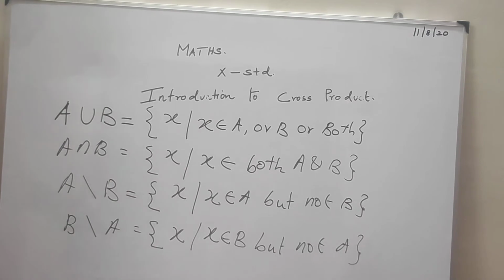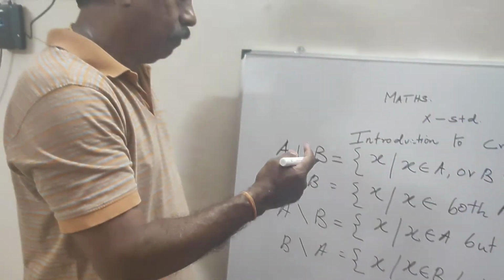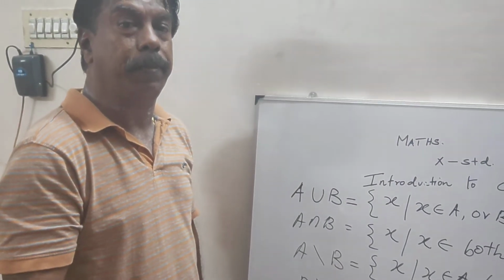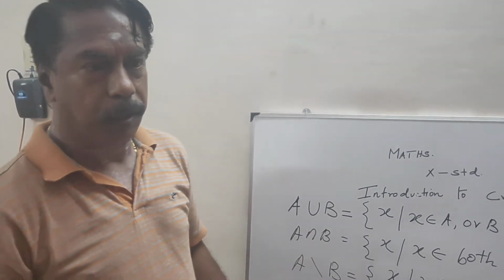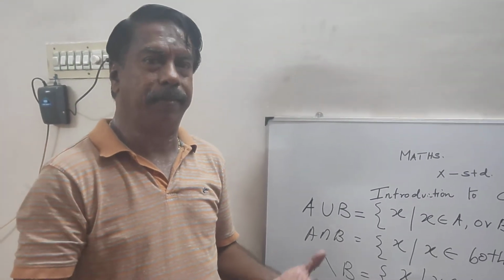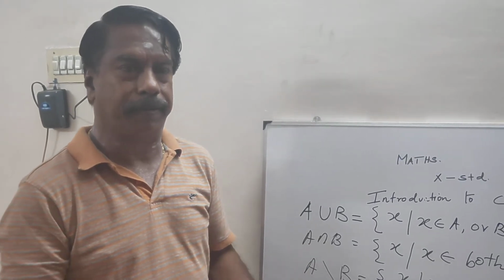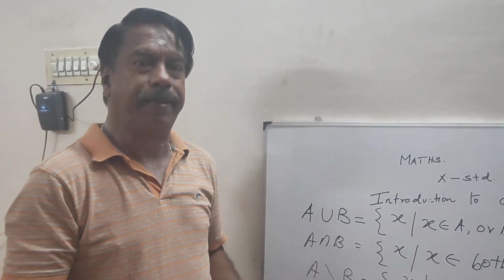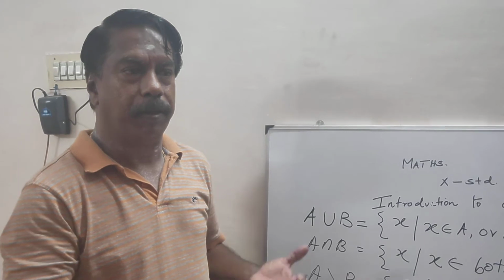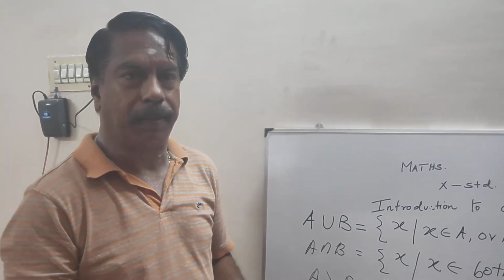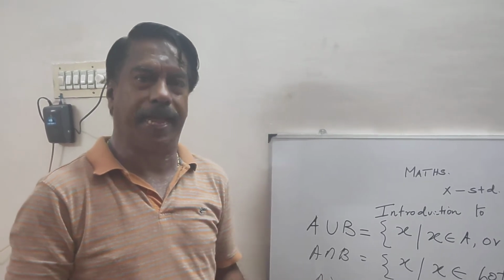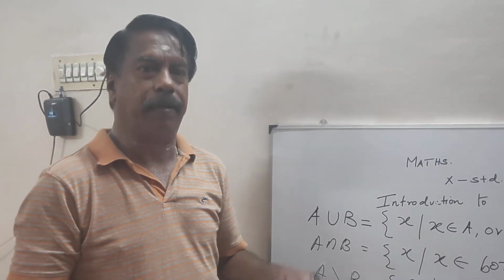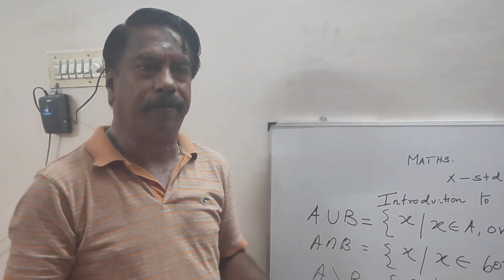And moreover, we learned also the complement. What is complement? Suppose the universal set is the set of all English alphabets, and set A is the set of all English vowels, then the complement of A, denoted by A dash, is the set of all English consonants.